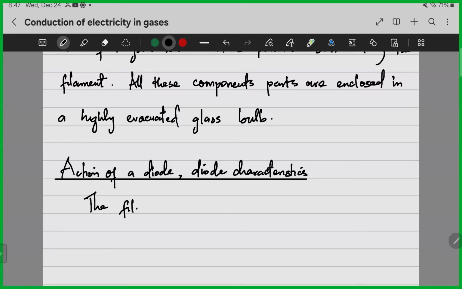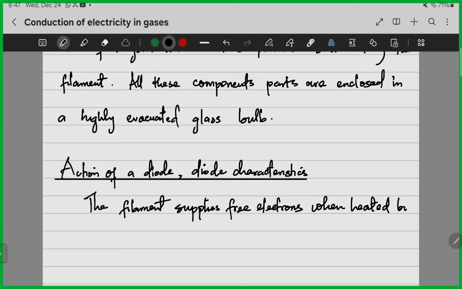The filament supplies free electrons when heated by the current from the battery.